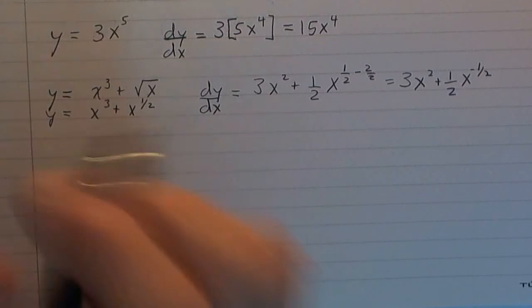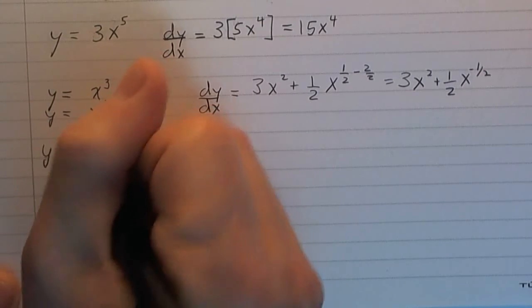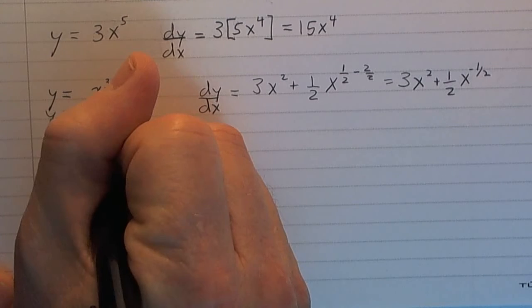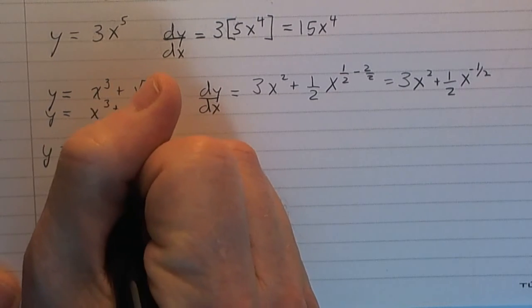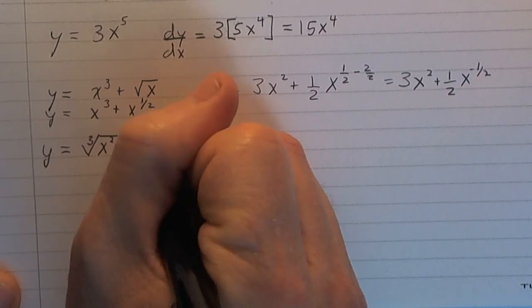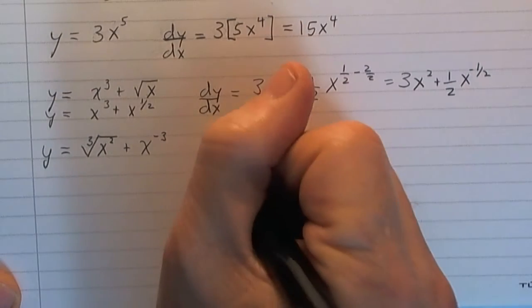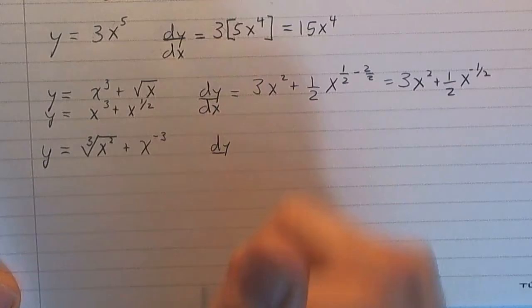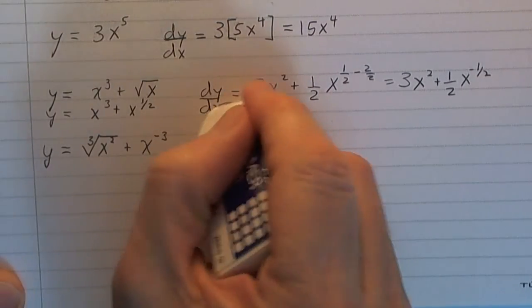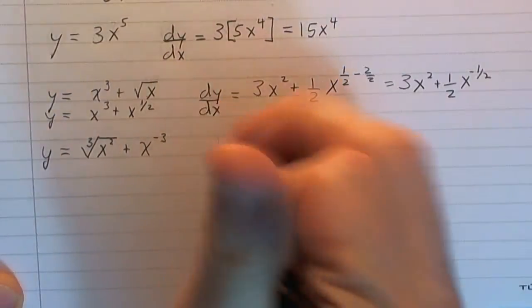Okay? Now, let's suppose that we've got y equals the cube root of x squared plus x to the negative 3. Something like that. Okay? Well, here we go. Whoops, before we start trying to differentiate, let's go ahead and see what we've got here.